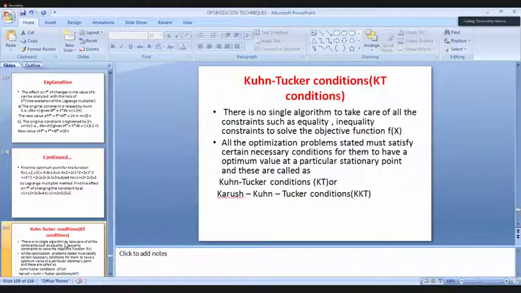Either is the same, because they were two scientists. First it is called KT, other times KKT. In this, we will be taking the constraints which involve equality and also inequality, and one objective function, which can be minimization or maximization of the function.